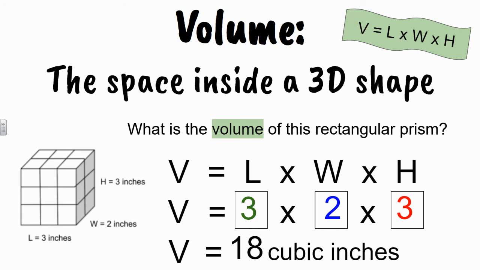We're not measuring the dimensions in centimeters anymore. These dimensions were labeled in inches. So our measurement volume unit would be cubic inches. And again, cubic inches means a cube that has all dimensions of exactly 1 inch, okay? And so essentially it would take 18 of those cubic inches that you're looking at to build that exact shape in our picture.